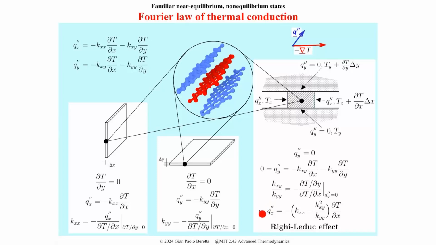And in fact, you notice that in this case, the x direction component of the heat flux, Q double prime x, is less than it was in this other situation. Because you see there is still proportionality between the flux and the imposed gradient in the x direction, but the coefficient of proportionality is smaller.